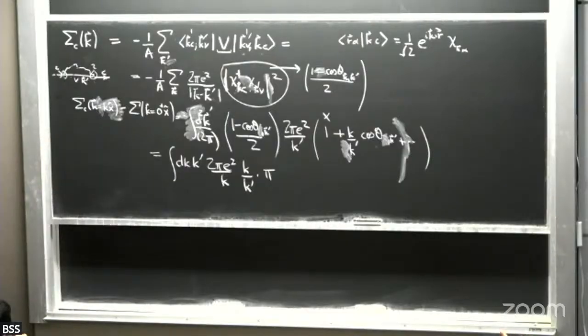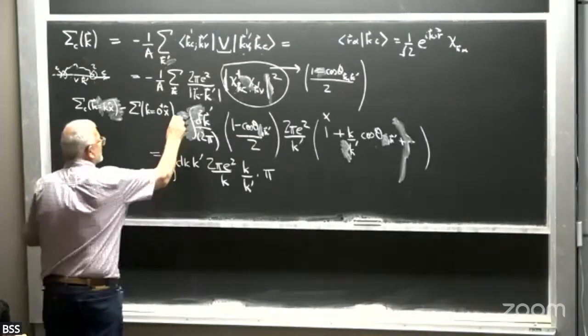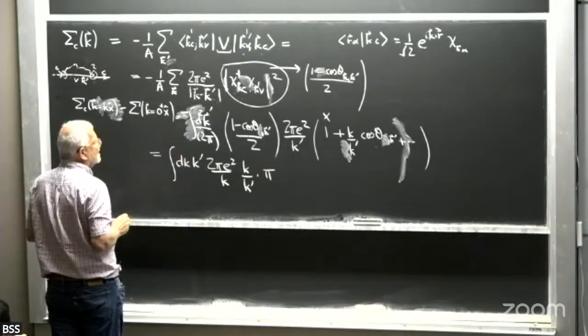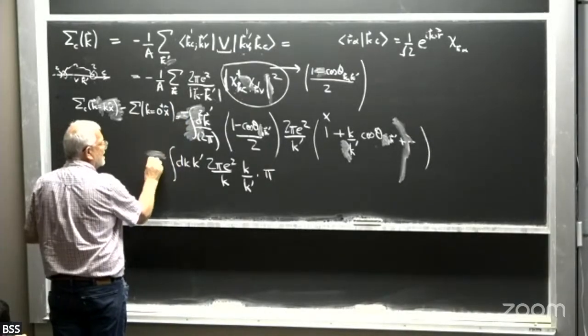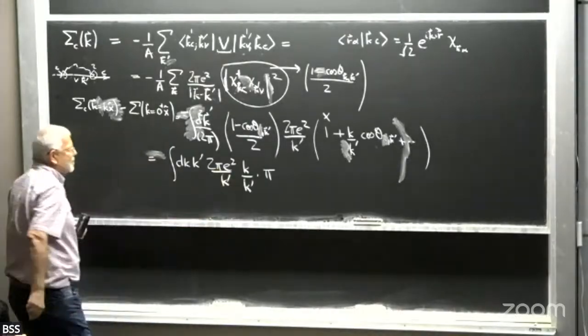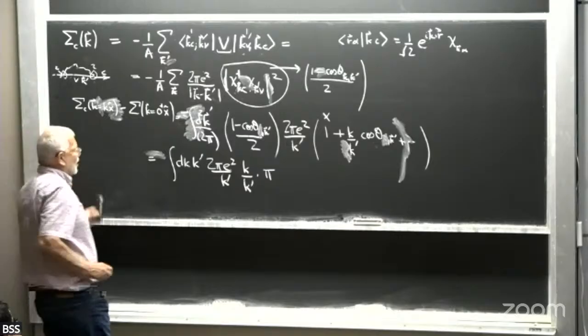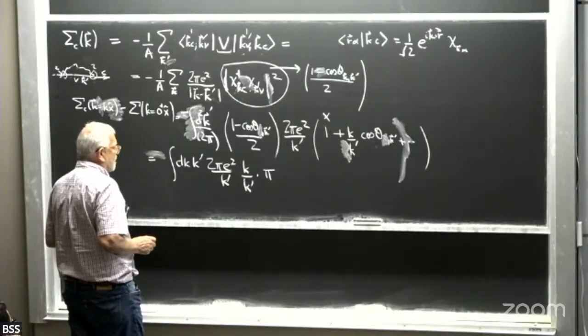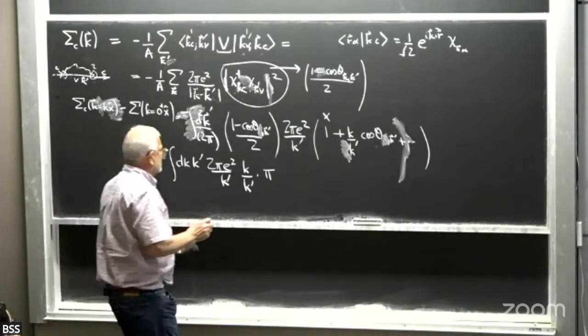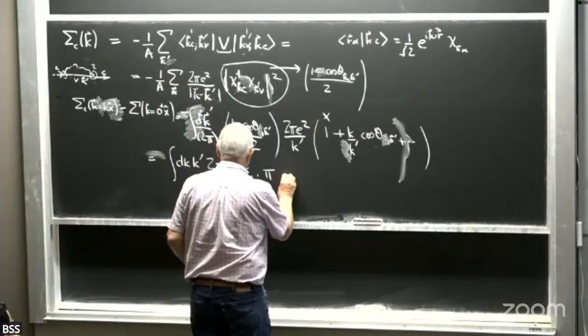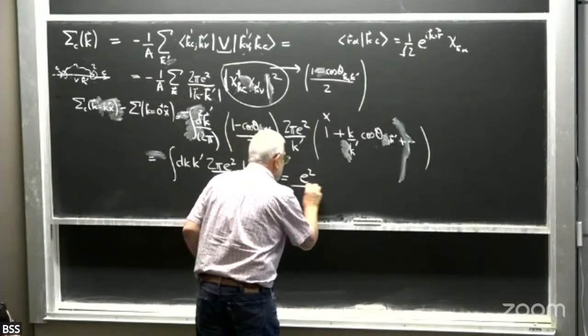Well, minus cos theta. Yeah, this is also k prime. So what you get for the self energy is e squared.